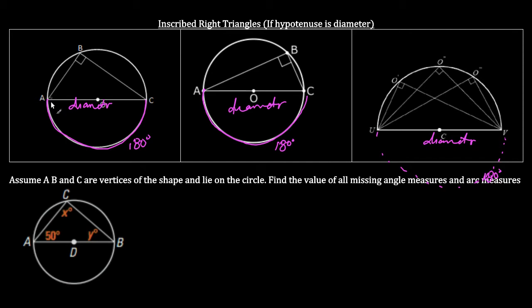Now remember, this intercepted arc will be twice as much as that angle. So if we divide by 2, we get 90 degrees. No matter where we put this corner of the triangle, the arc will always be 180 degrees. So the angle that opens up to it, there, or there, or there, will be 90 degrees.